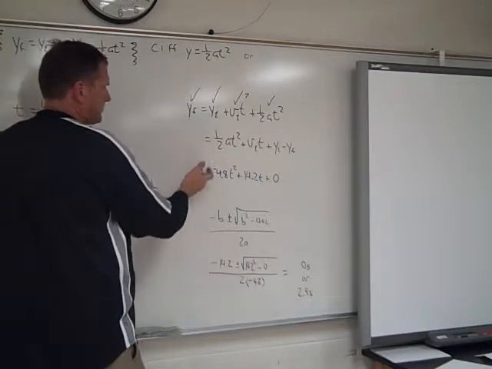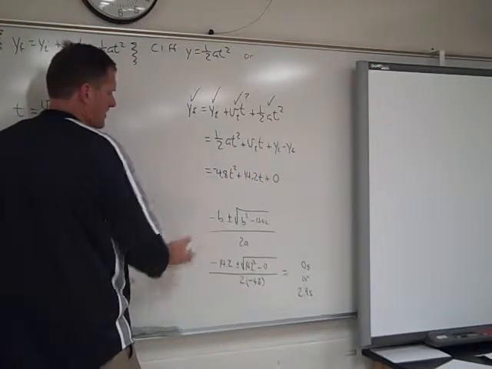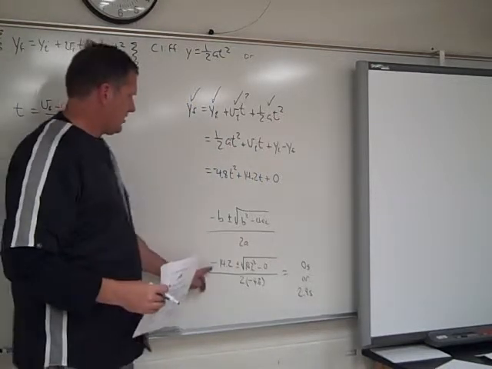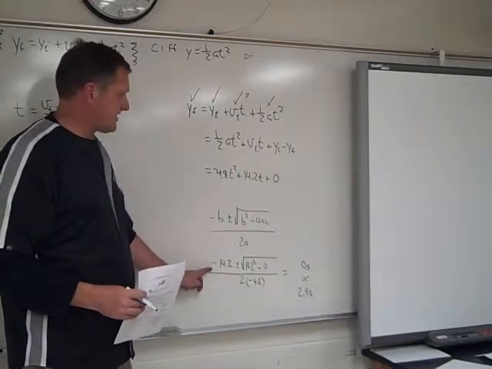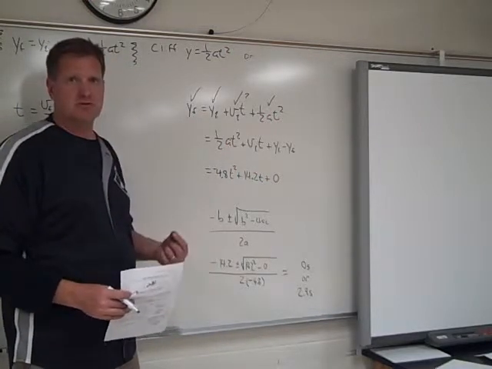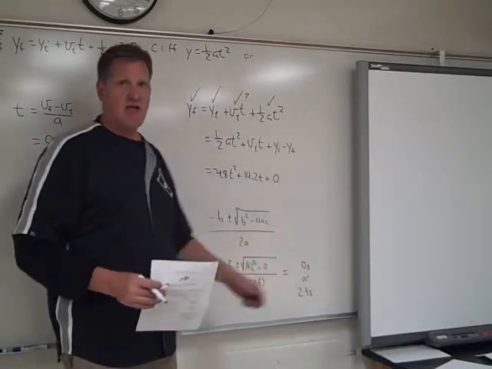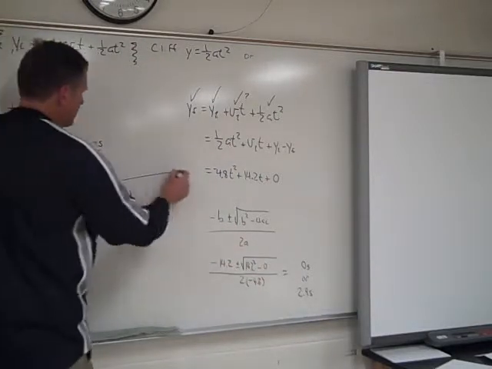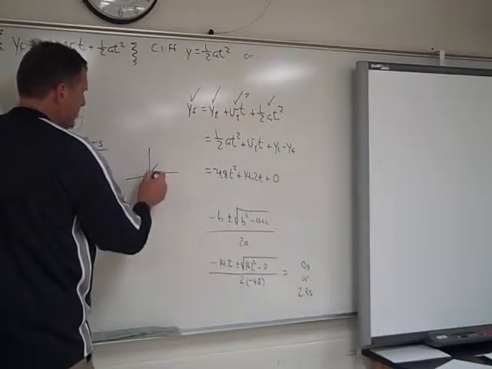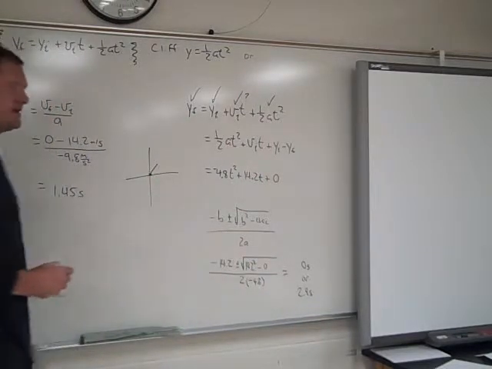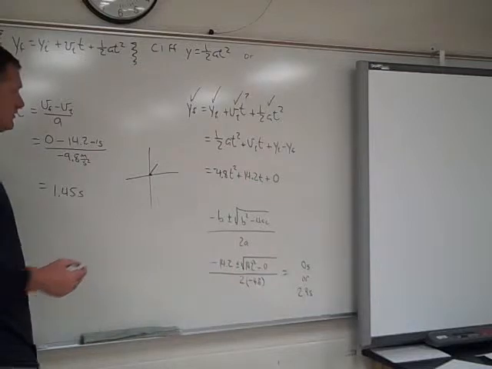So I went through the pains of working everything out. Here we went into the quadratic equation. Here's the quadratic equation set up, and you come up with 2 answers. You come up with the answer of time being equal to 0 seconds, and indeed, if you look at the ball being hit at 0 seconds, it is at 1 meter.